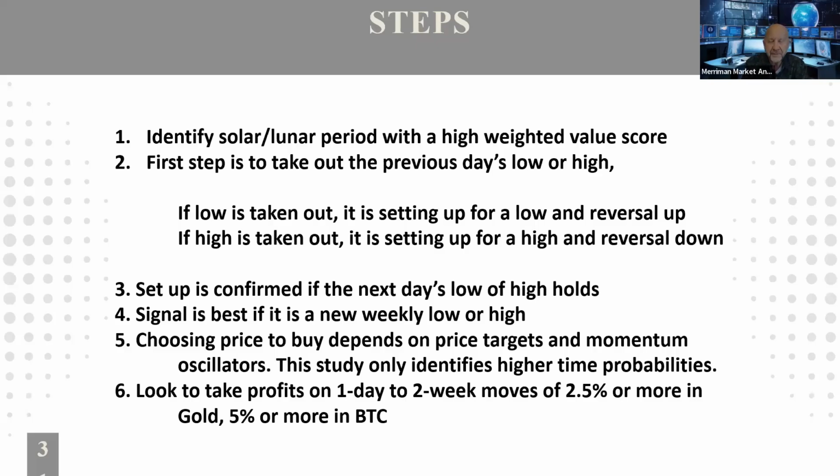So the first step in trading a solar lunar or just a plain lunar reversal date is to identify a period when a high weighted value score is in effect. Now we consider anything over 114, which has a 1 star on it, as a potential reversal zone if the setup is in effect.